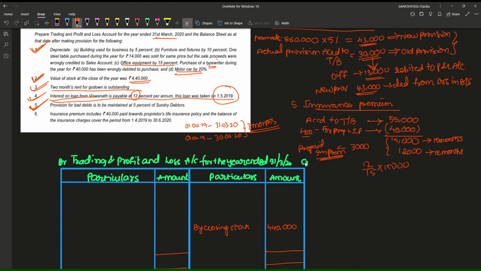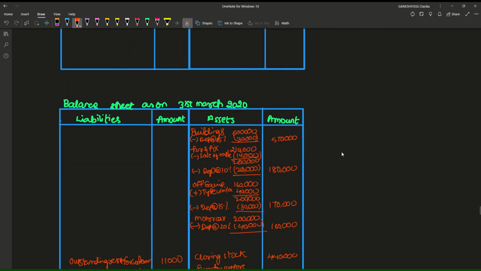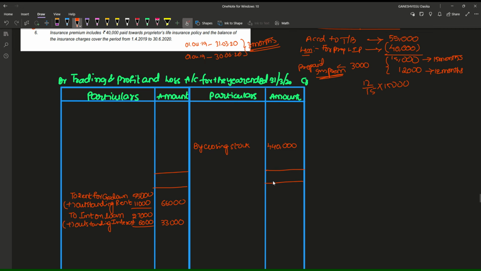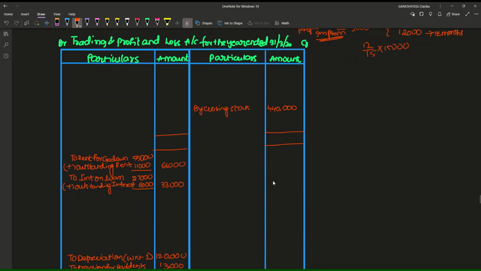Prepaid insurance is an asset for us, right? We can write it on the asset side. So here we can say prepaid insurance 3,000, and this is to be deducted from the insurance in the profit and loss account, right?